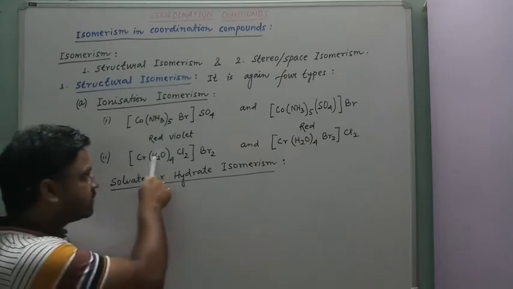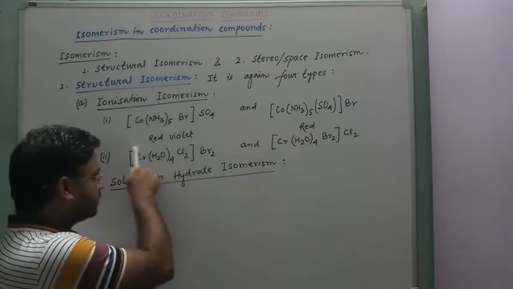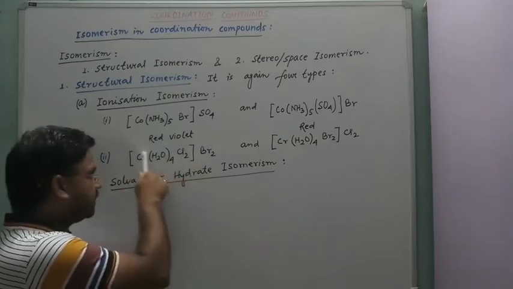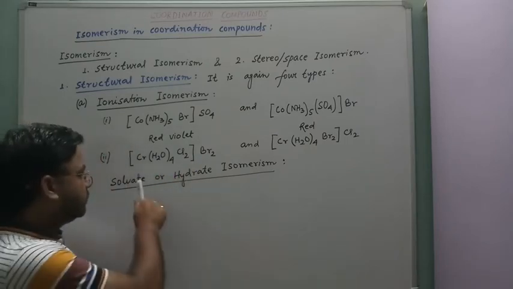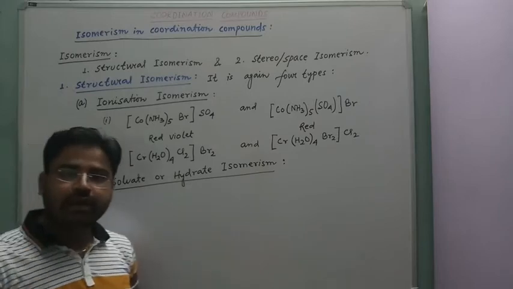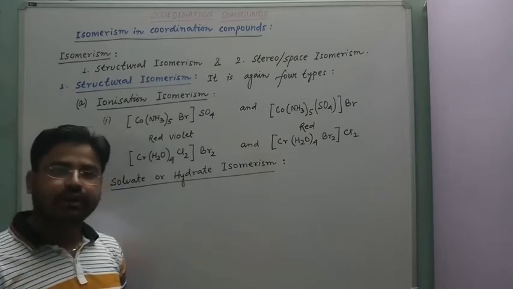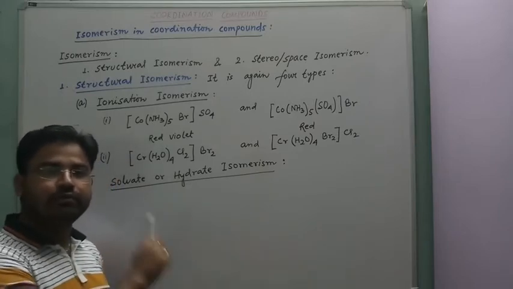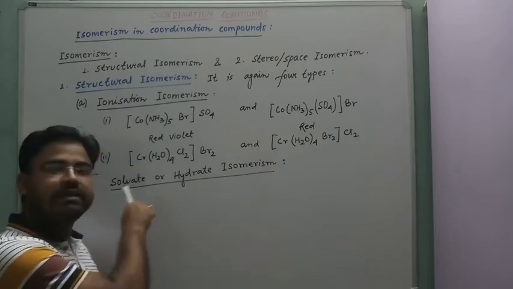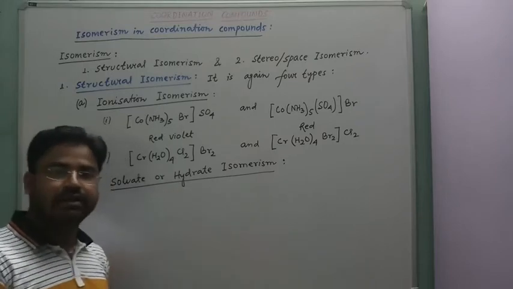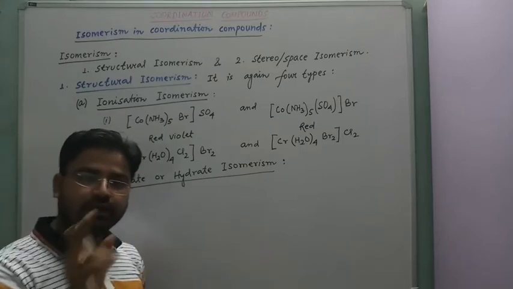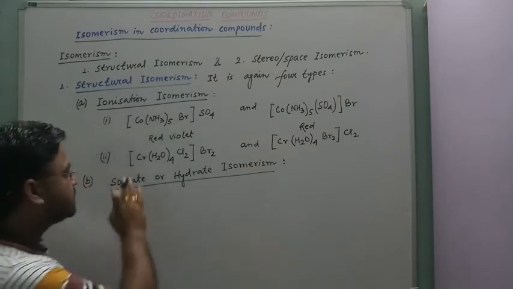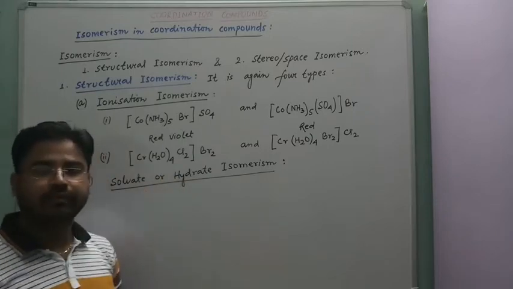Present as ligand means the solvent molecule must be enclosed in the square bracket, that is, the coordination sphere. The compounds which have the same composition but differ only in the number of solvent molecules present as ligand and as free solvent molecules in the crystal lattice are known as solvate isomers.